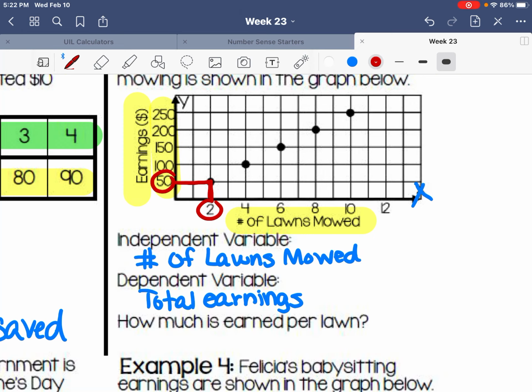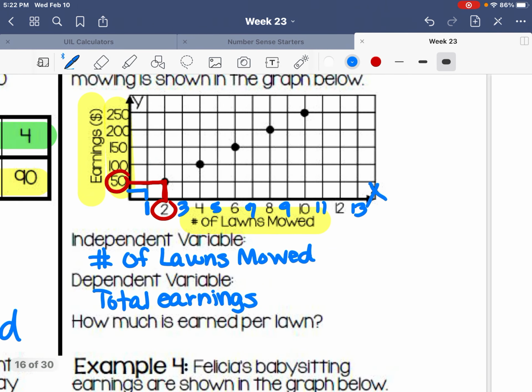Well, I can pretty much guess that on the table, this would be 1 because it goes 1, 2, and this would probably be 3, and 5, and 7, and 9, and 11, and 13. So those in between numbers are there. And then I just have to figure out, well, what would be halfway between 0 and 50? $25. He's making $25 per lawn.